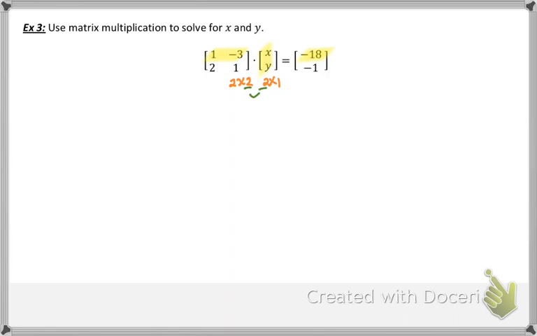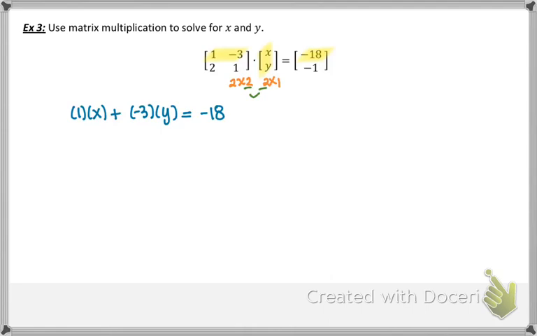And so my first equation is 1 times x plus negative 3 times y. That gives me negative 18.